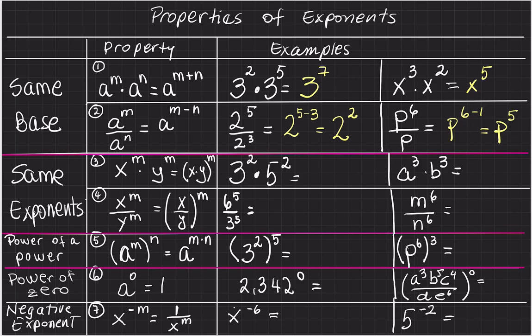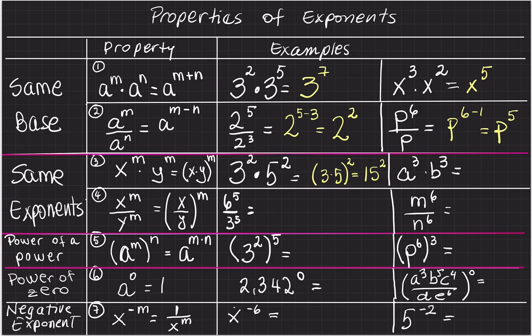In my example here, the exponent is 2, the same exponent. So I'm going to keep the exponent and multiply the bases. 3 times 5 is 15 and I keep the exponent, which is 2.